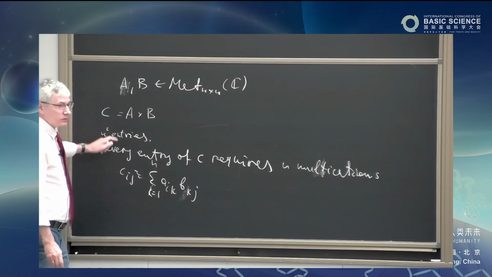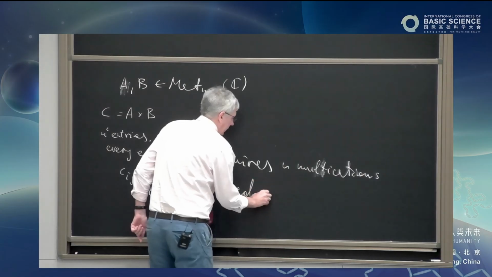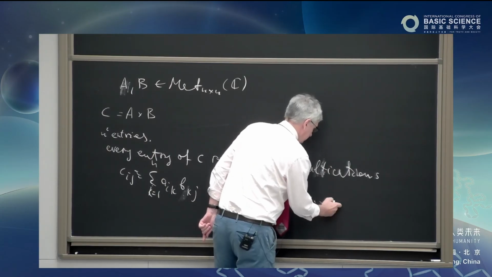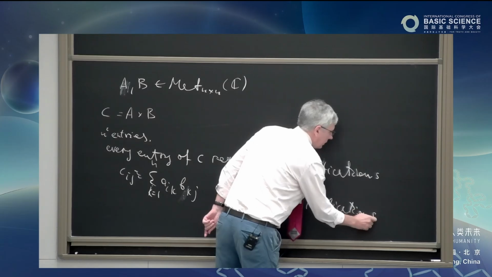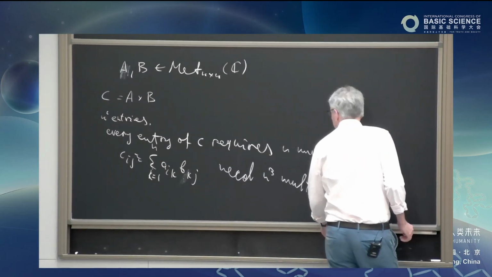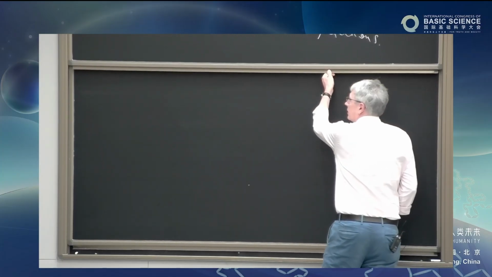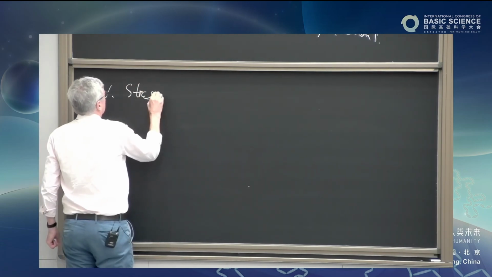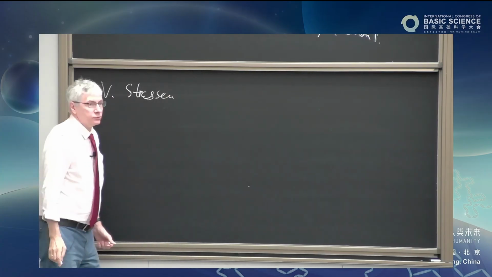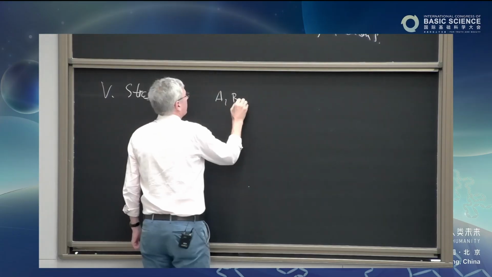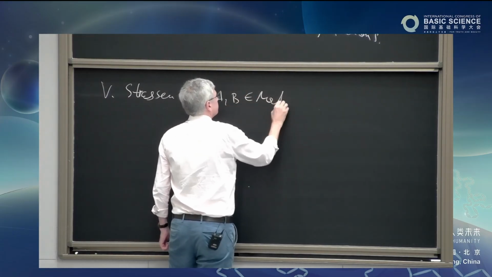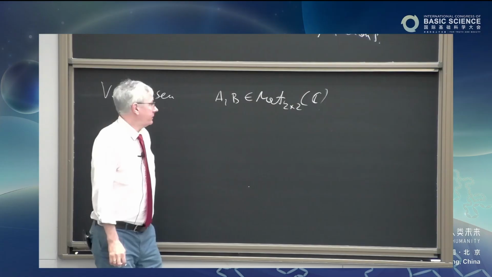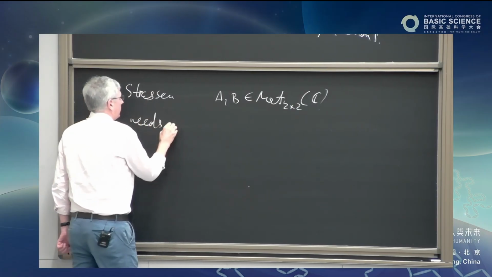So to calculate this matrix, we need n cubed multiplications of elements of matrices A and B. It was Volker Strassen who found that if you multiply 2 by 2 matrices, then you actually need not 8 but 7 multiplications of these entries.